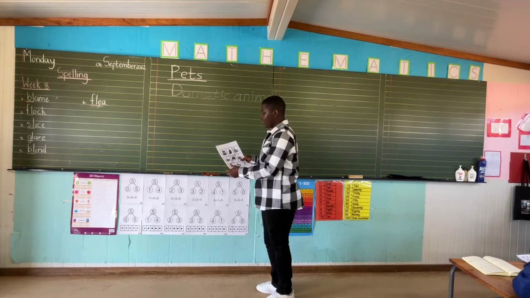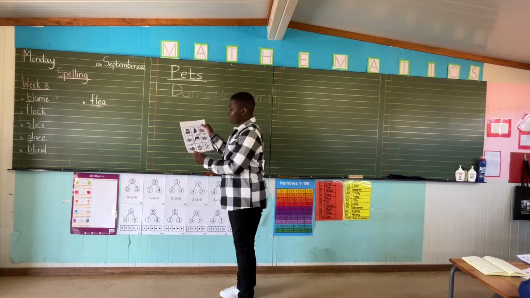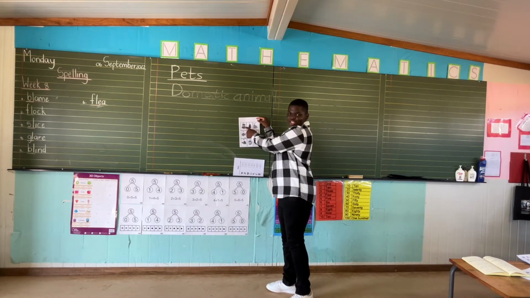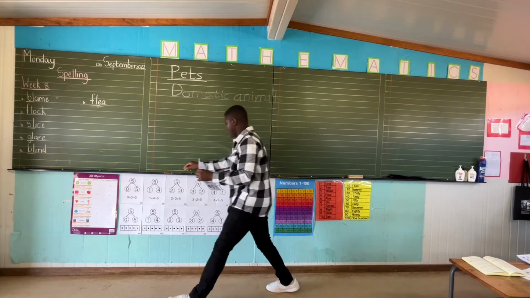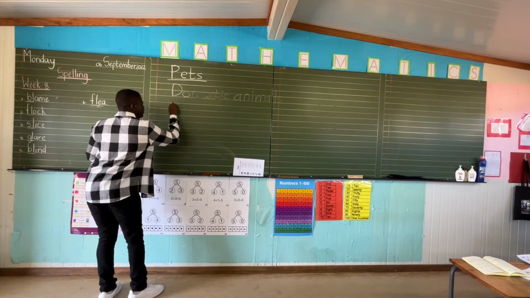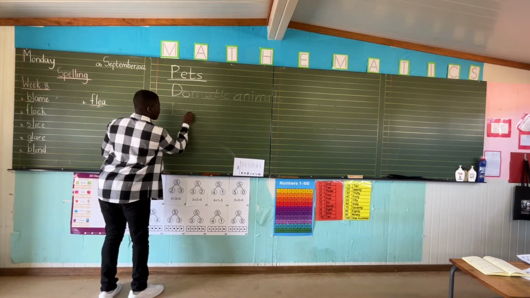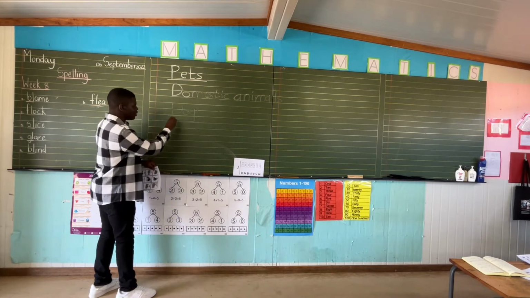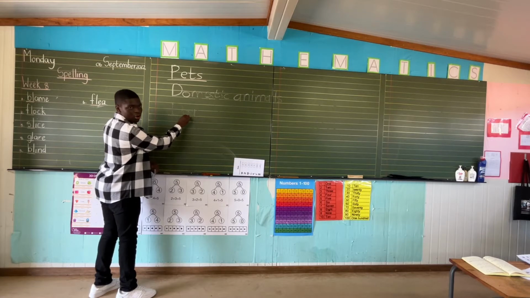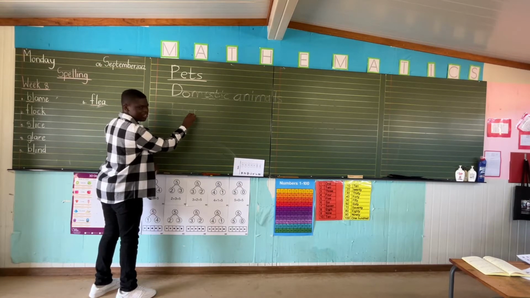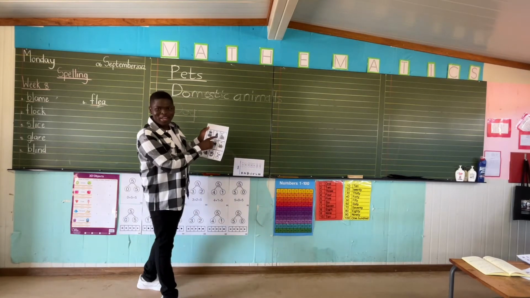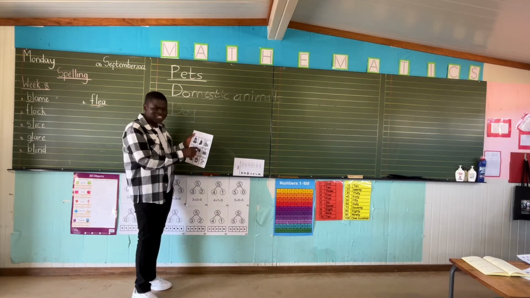So, the first type that we have is a dog. Let me write it down for you. We have a dog. We also have a bed. Do you know anyone who has a pet bird?